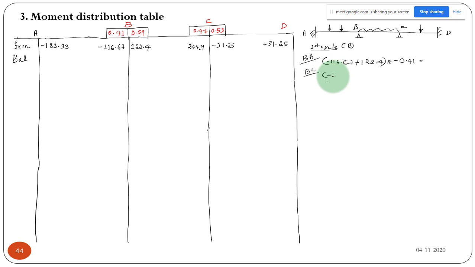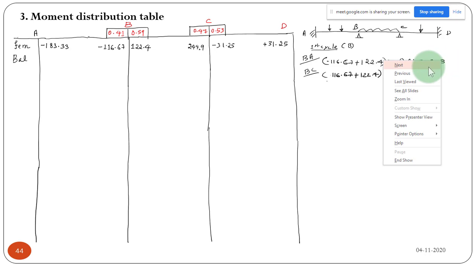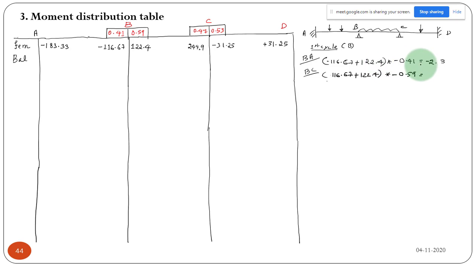Okay, take the value minus 116.67 plus 122.4, it is the unbalanced moment. Multiply with the distribution factor 0.59, and don't forget the negative sign. Do this, you will get the value as minus 2.349.